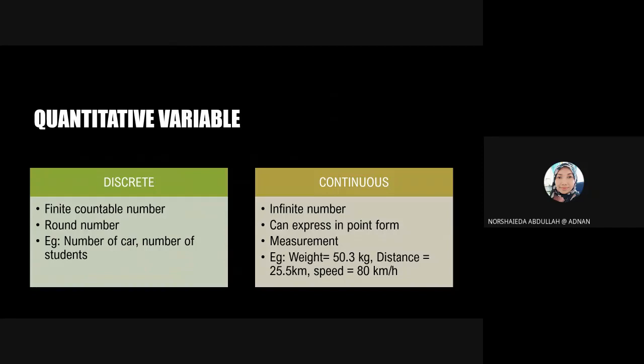Contoh weight kita measure the weight. Okay, kita guna the measuring scale, the weighting scale tu, kita measure the weight, kita bukan kira weight dia. Okay, so weight, distance, speed, itu antara contoh continuous variable.